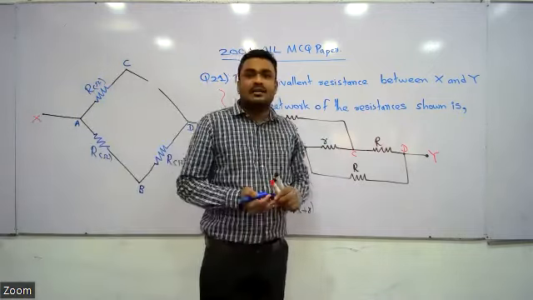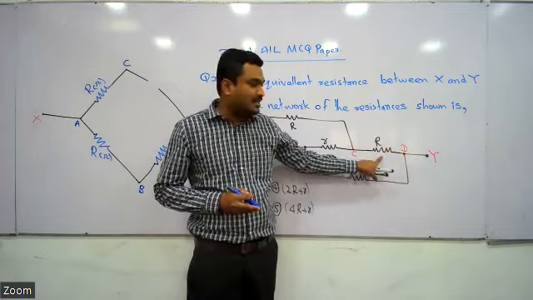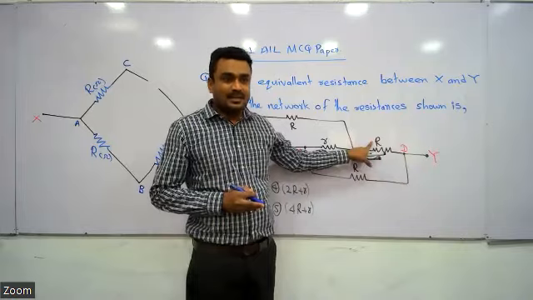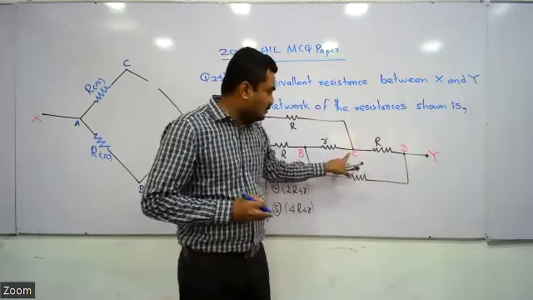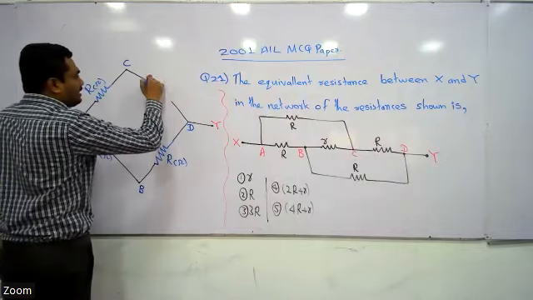C, D. If you consider the points C and D, what is the resistance in between C and D? That is also capital R.